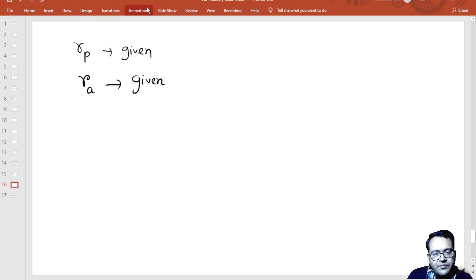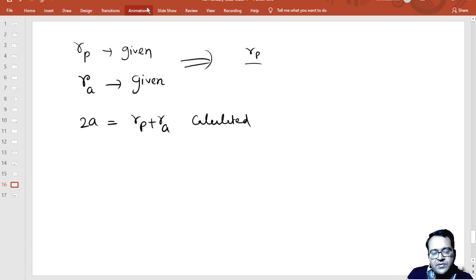So just from this you can calculate 2a is r p plus r a, and from here you see r p by r a is 1 minus e by 1 plus e.